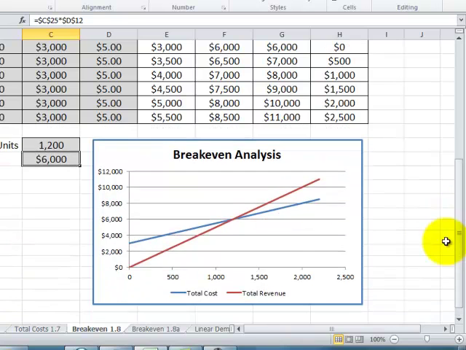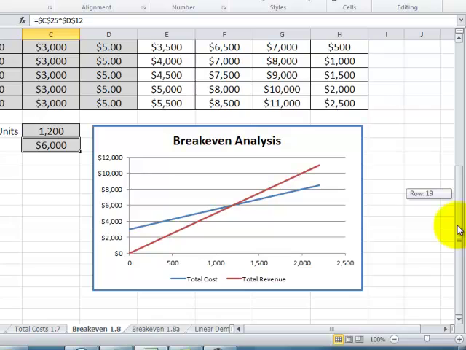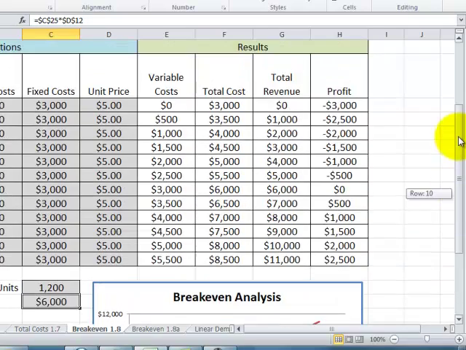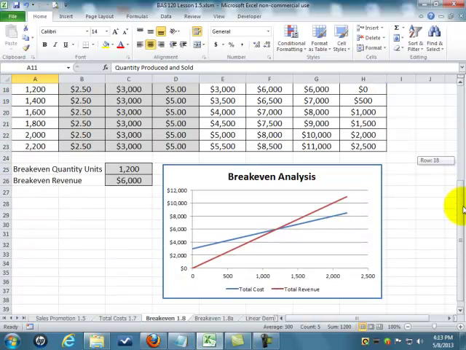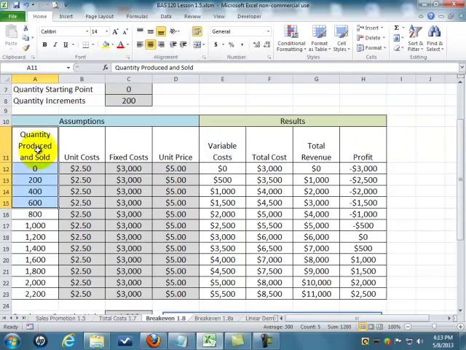And in this Excel spreadsheet, we made a very easy chart for you. I'll reproduce it just to show you how easy it is to make. I want my x-axis to be the quantity that we sold. So I'll highlight that, and then I'll hit the control key.